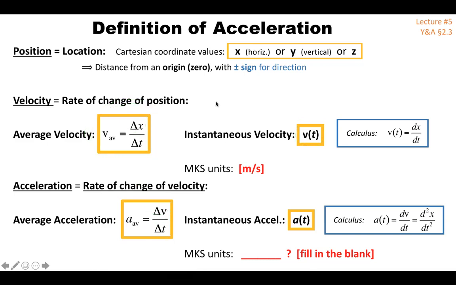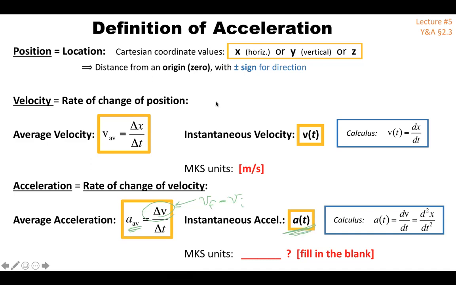We can say that the average acceleration of an object over some period of time is equal to its final minus its initial velocity. So remember, delta is always a final minus initial. Or v minus v0 is also something we're going to use a lot. And then if we were to shrink the time down to a really infinitesimal interval, then you get the instantaneous acceleration of an object, and that's how fast its velocity is changing.